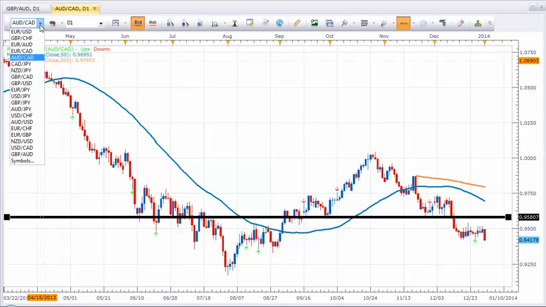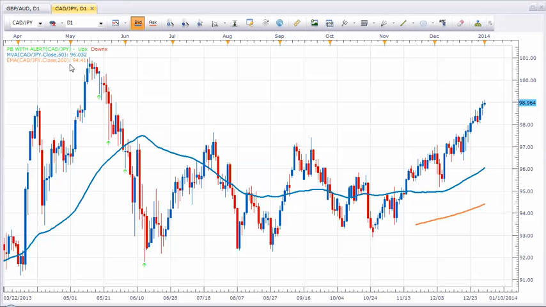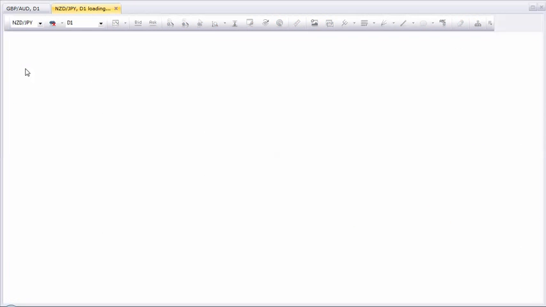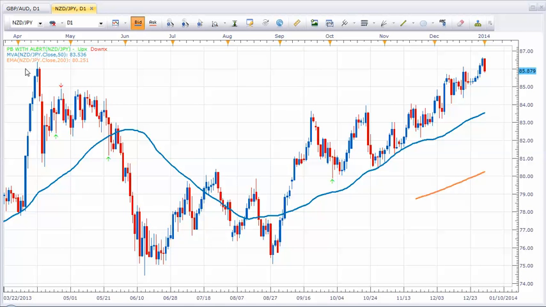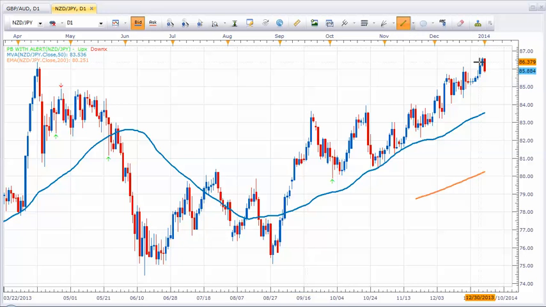And CAD Yen. That's running away. We saw the same thing with Euro Yen, Pound Yen, Kiwi Yen. Okay. Now, this is still running away. Let's at least draw our levels. Okay.